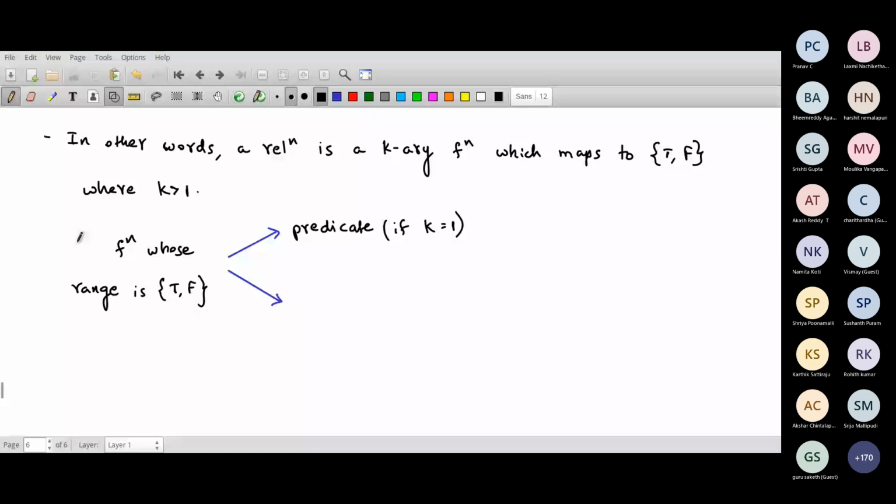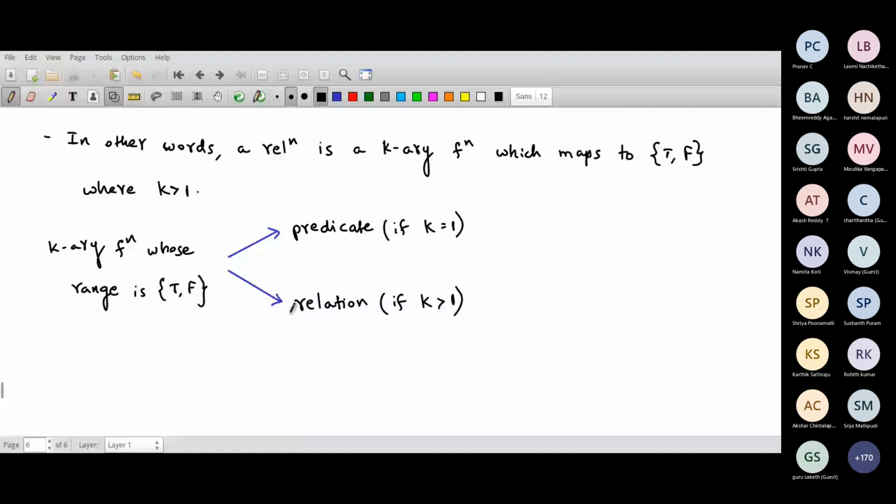So here I can say a k-ary function. Okay, k-ary function whose range is true or false, it is called a predicate if k equal to 1. It is called a relation if k is greater than 1. All right, so that is the only difference.